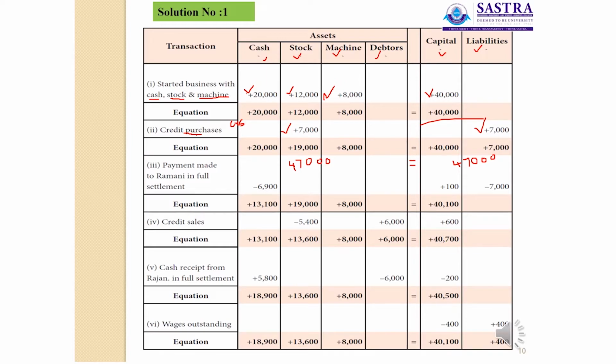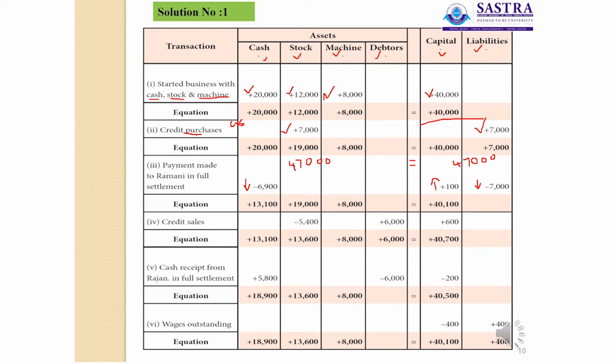So automatically the capital value increased, plus 100 rupees. 6,900 is paid out of 7,000, so automatically the cash value will be decreased, minus 6,900. Here the liability is also decreased. That is, the creditor's value is also decreased, rupees 7,000 minus 7,000. Is it clear?